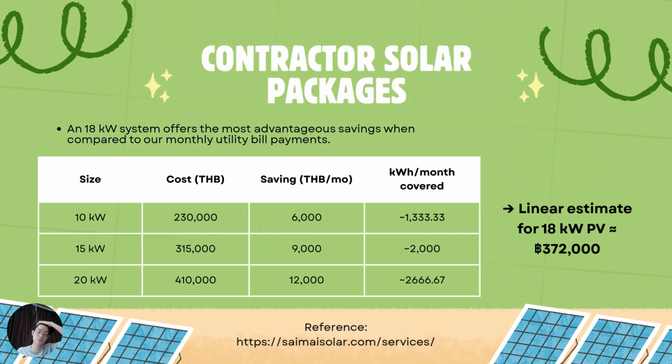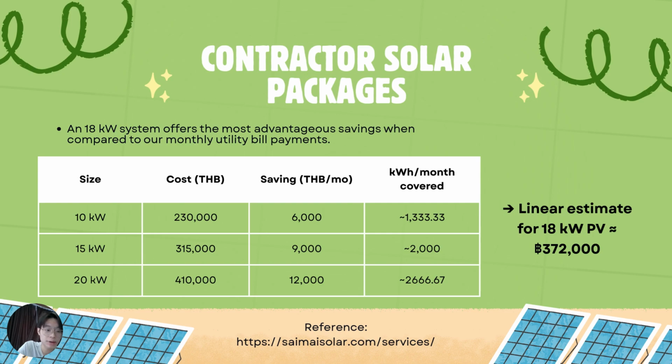Okay, so moving on from what we analyzed about the electricity usage overview, we look into the solar panels first. So we looked at SaiMaiSolar.com, and we looked into the specs, and we found out that the 18 kilowatt system fits best with my house's monthly usage, which is fluctuating between around 9,000 and 12,000 Thai baht per month.